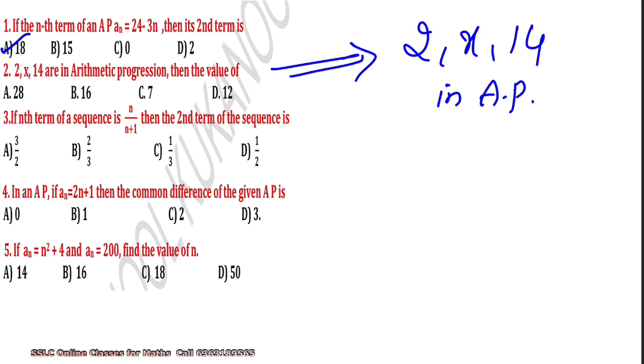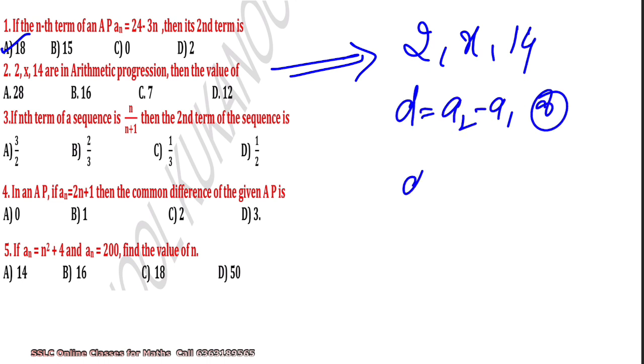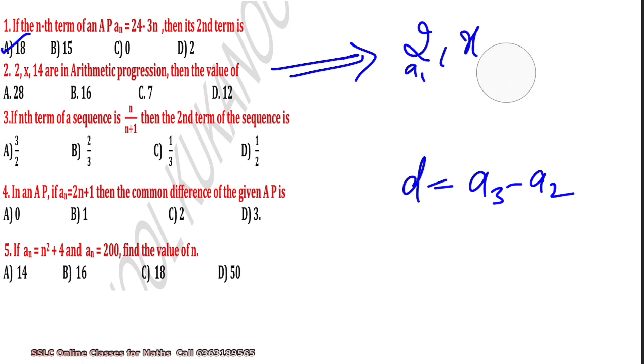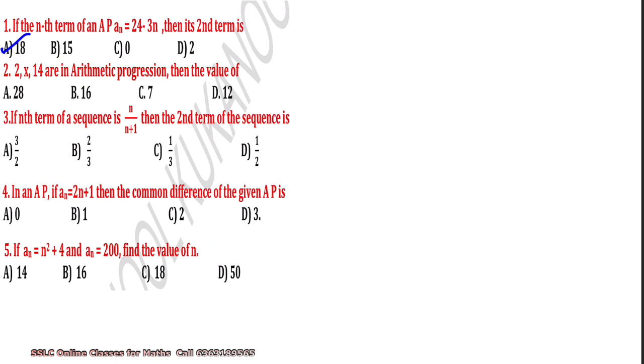It means if I take it as A1, this as A2, A3, common difference formula ಏನಾಗುತ್ತೆ? A2 minus A1 or common difference A3 minus A2. Any two consecutive numbers in the series. So if the common difference is same, means we can equate these things and we can solve.